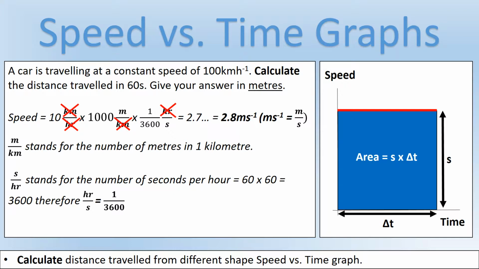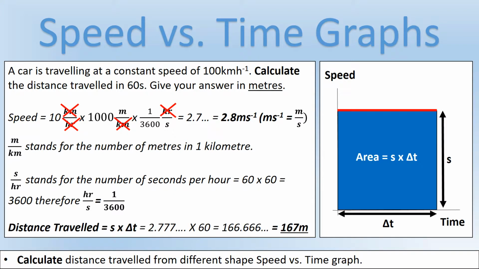So that's how I chose which way round to multiply the numbers that we've got. So if we want to get the distance travelled, we take the speed in meters per second, so 27.7 and so on, times it by the time, 60 seconds, and that gives us a distance travelled of 1,667 meters in that time of 60 seconds.